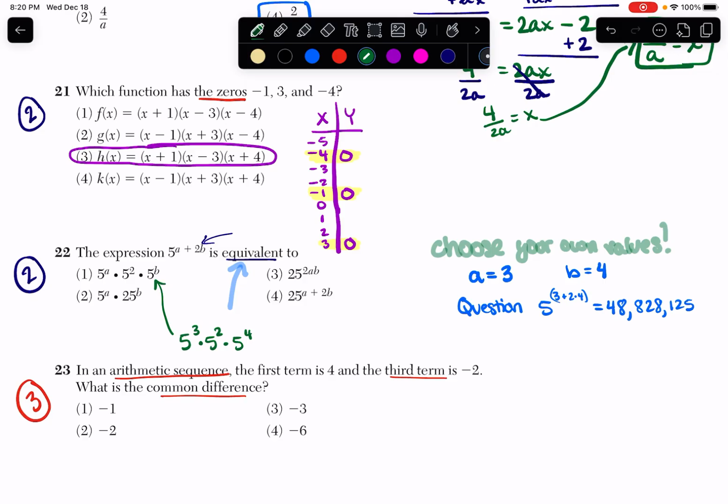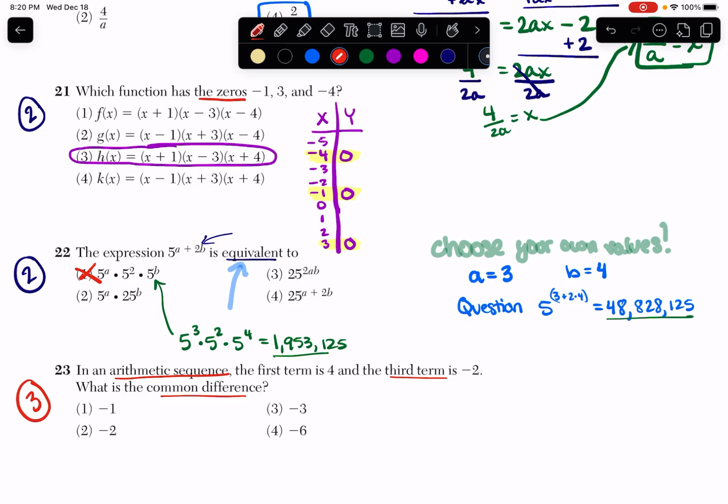So I'm going to try typing that in. 5 to the 3rd times 5 squared times 5 to the 4th. When I typed that in, I got 1,953,125. That's not the same as what I got over here. So since it's not the same, it's probably not equivalent. When a was 3 and b was 4, I didn't get the same answer.